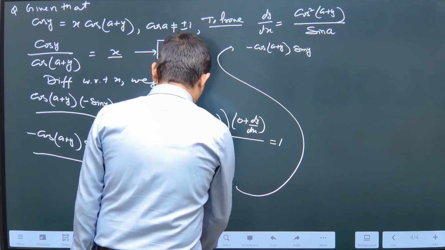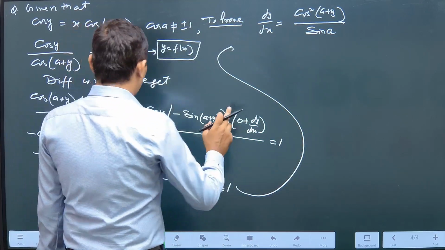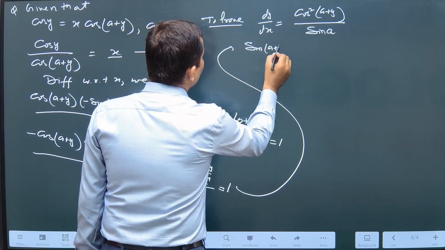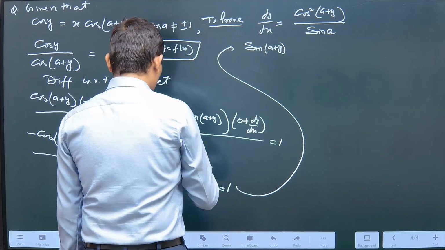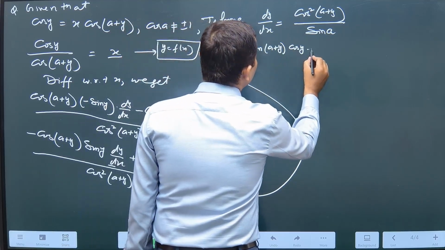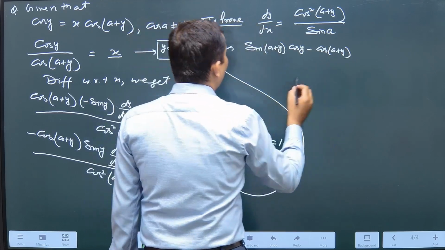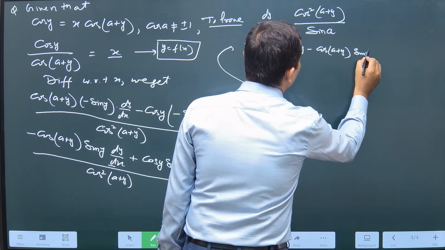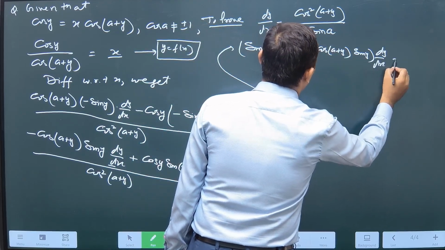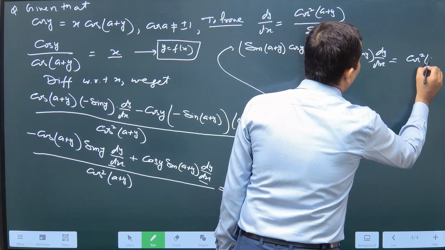One time write down it again, save one step here. Write down it before sin(a plus y) cos y minus cos(a plus y) and then sin y, and dy upon dx is equal to cross it to this side cos square(a plus y).